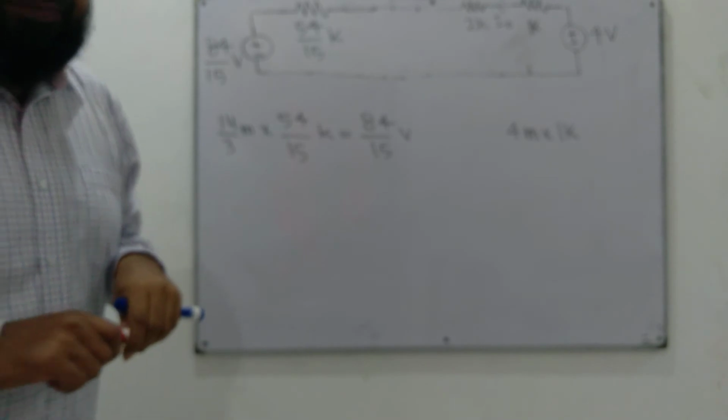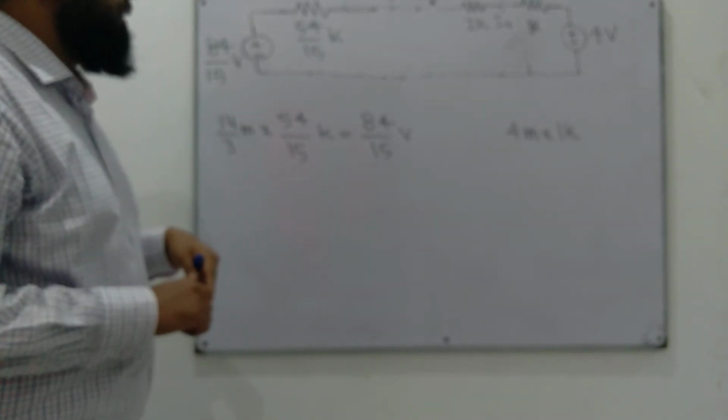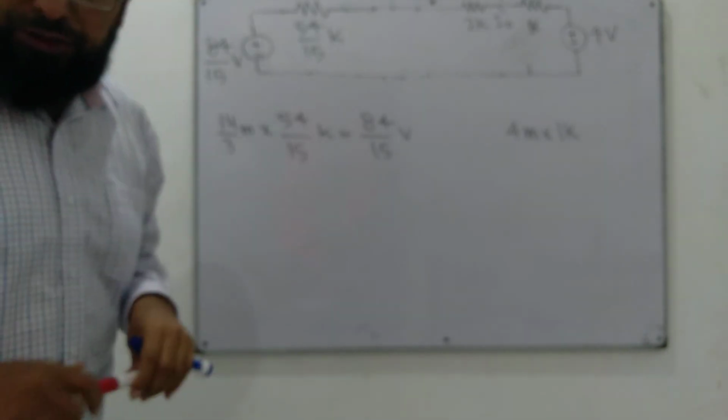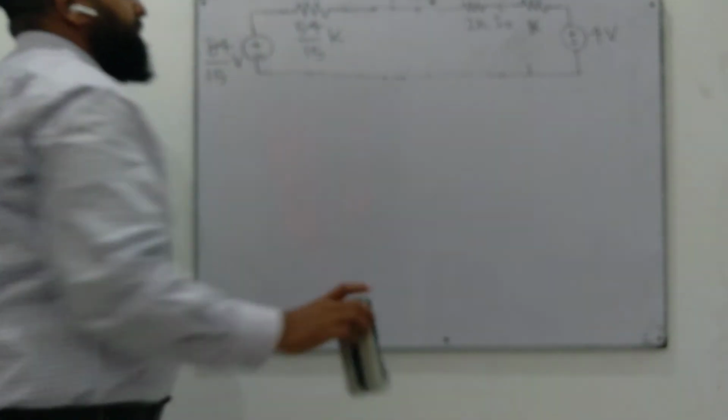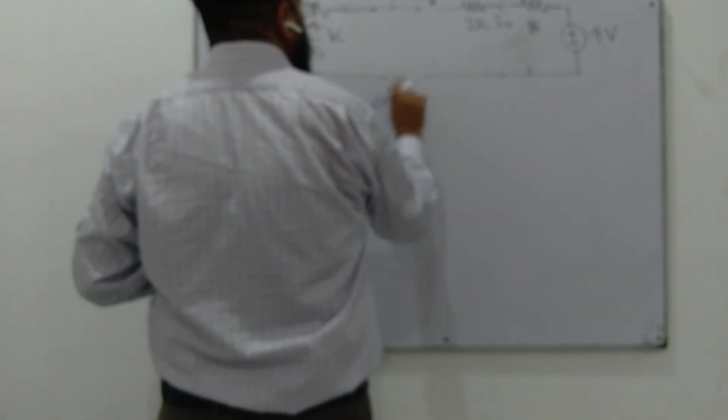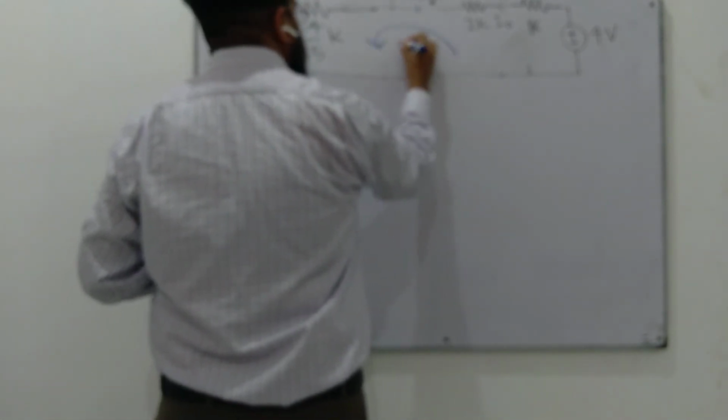So if we write a KVL equation for this circuit, we can straightaway find I. Assuming the current to be flowing counterclockwise, we can write an expression.